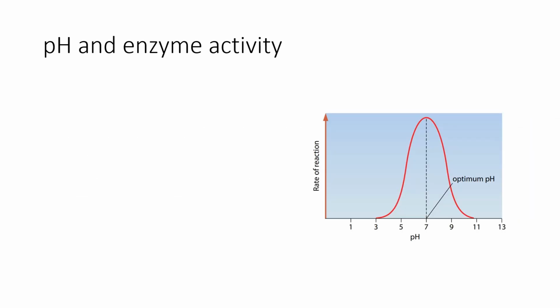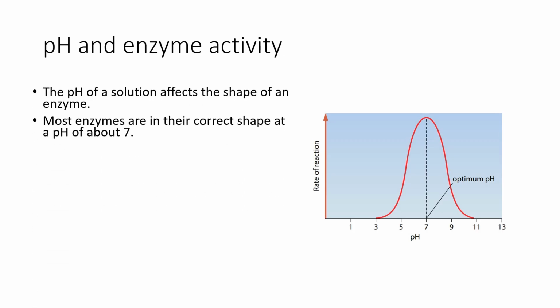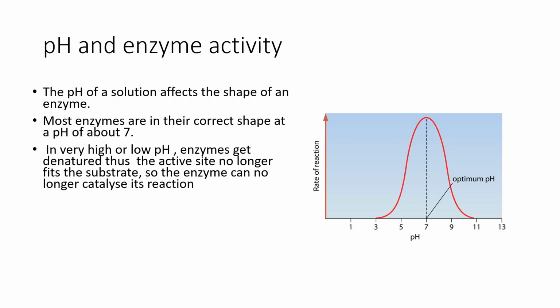pH and enzyme activity. The pH of a solution affects the shape of an enzyme. Most enzymes are in their correct shape at a pH of about 7. In very high or low pH, enzymes get denatured. Thus, the active site no longer fits the substrate.